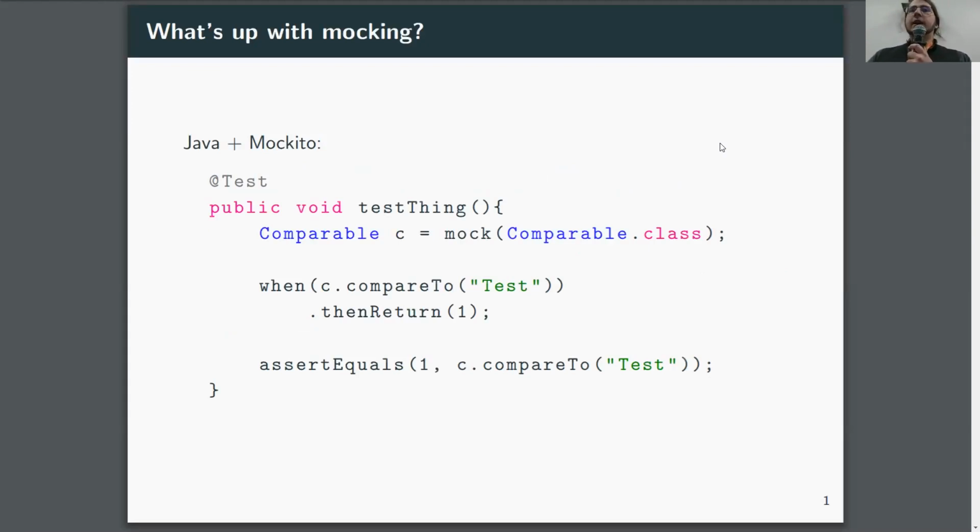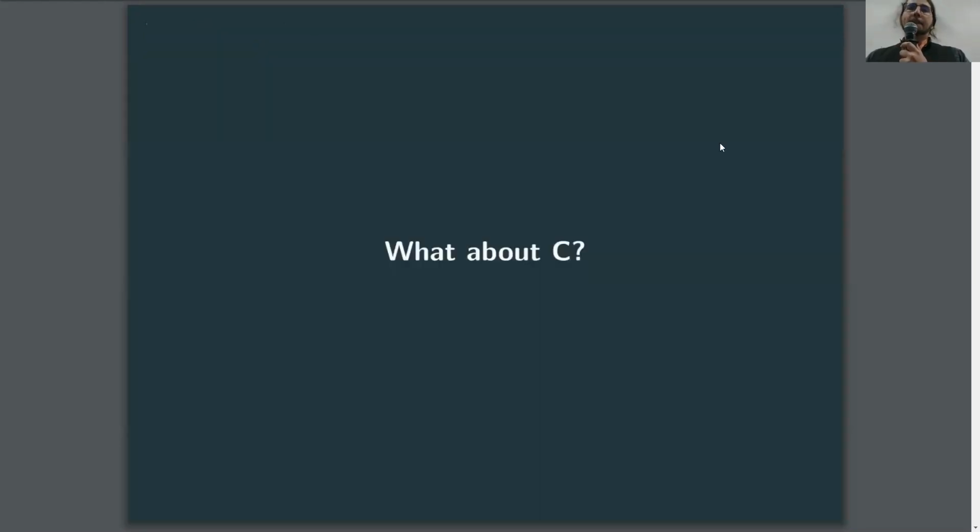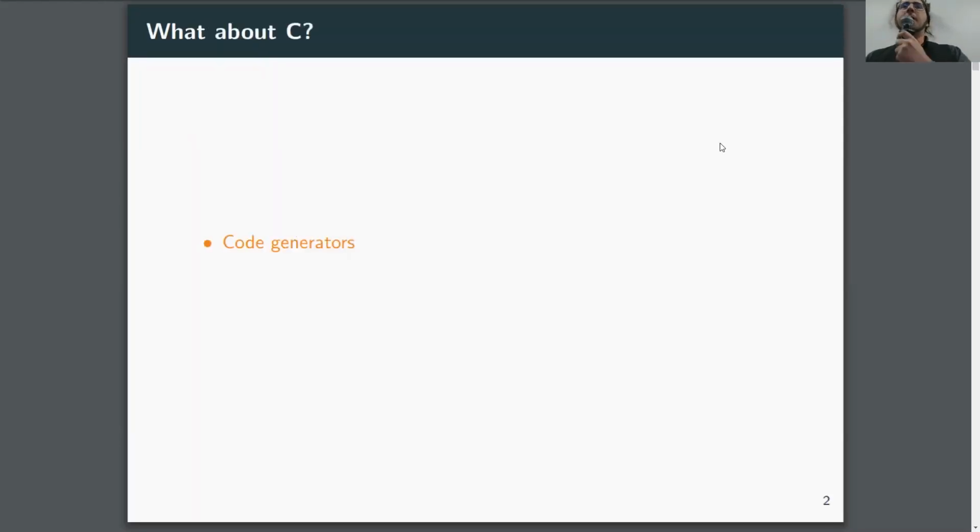A few years later, when I went on to hone my C skills, I was a bit disappointed to see that C didn't really have many choices. The main things were code generators. They would generate stubs, and you'd have to call the stubs manually, which was pretty verbose and still needed some kind of Python or other tool chain added to your own build system, which wasn't really ideal.